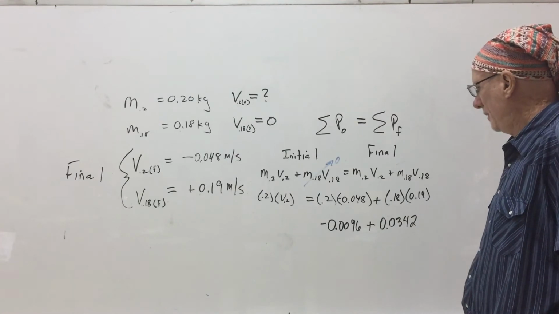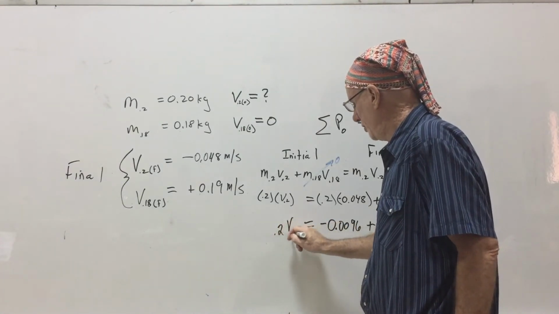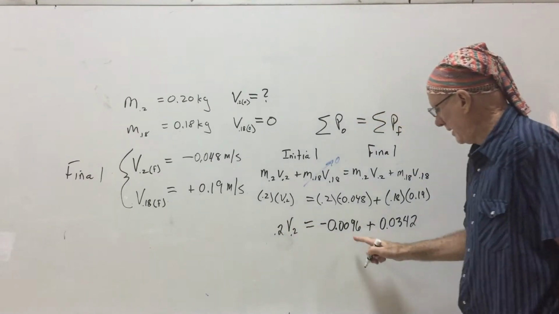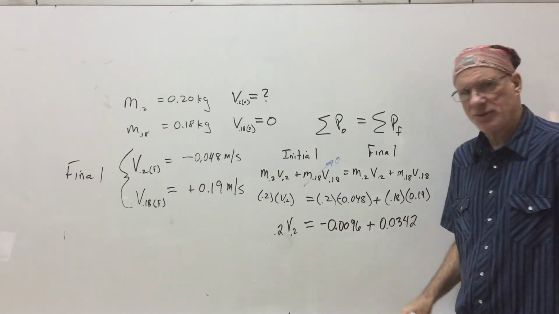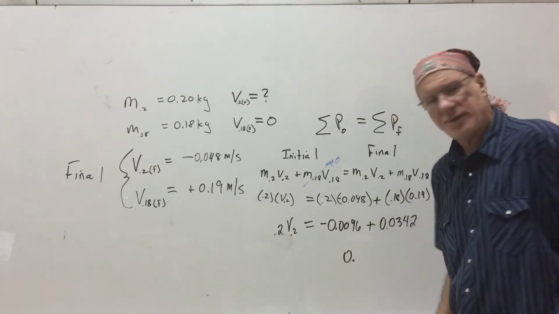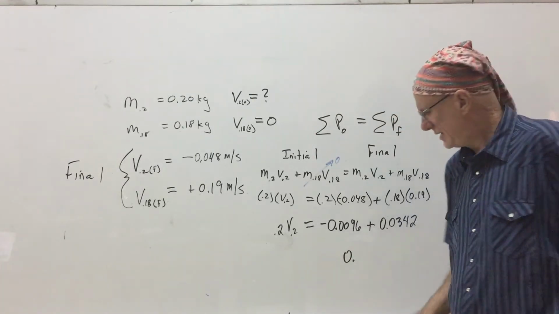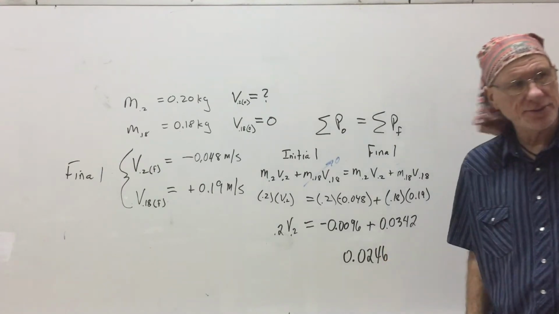Okay? And then that's going to equal 0.2 times V.2, and I want this negative and this positive. What does that sum to? 0.0246. Is that what you said? Yes.